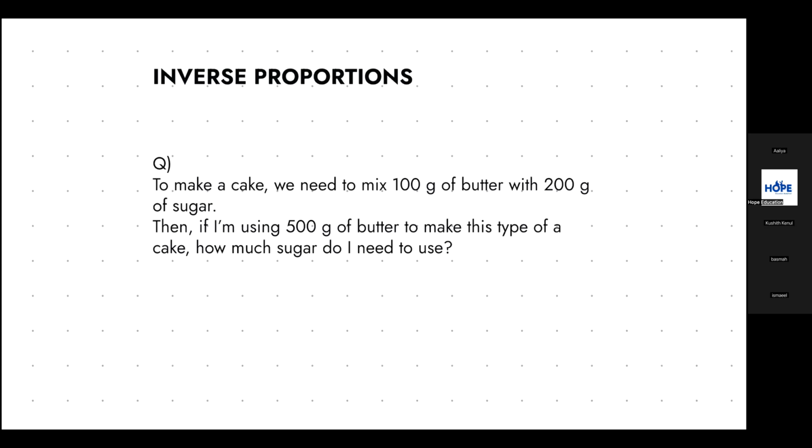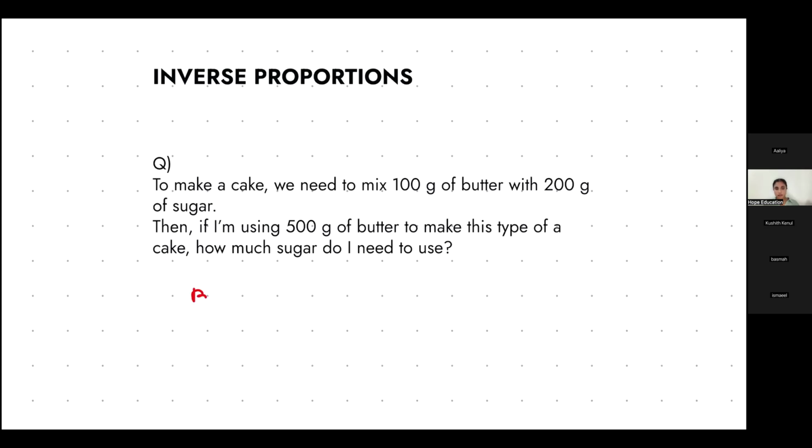So yes, in order to make this cake, we have to mix 100 grams of butter with 200 grams of sugar. If I'm increasing the butter to 500 grams, then what is the butter to sugar ratio? 1:2, right?